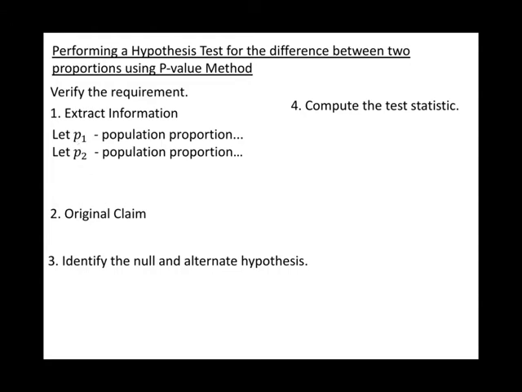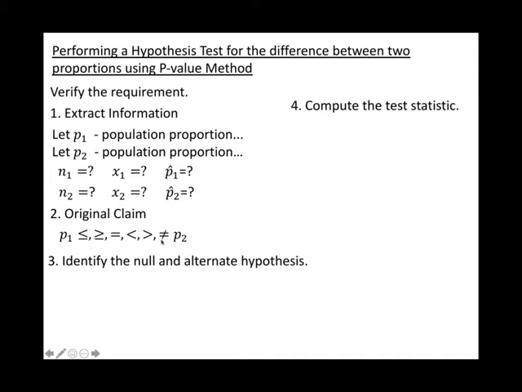So in section 9.2, you may want to put mean 1, that's a population mean, and mean 2 here. Okay. And then figure out your sample size, number of successes, and also the sample proportion. And then the original claim, you're going to compare two populations.